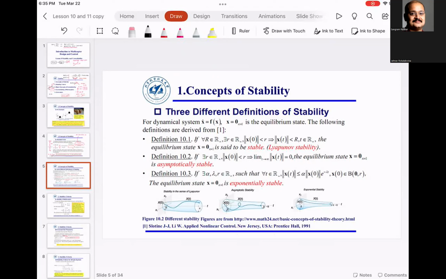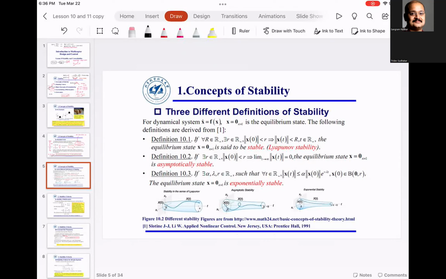So what did Lyapunov say? Lyapunov said that I'm going to define a function, and that will be something called the energy function. And I'm going to observe if that energy function is increasing over a period of time, staying constant, or decreasing. If that energy function is becoming bigger and bigger as time goes on, that means the system is unstable.